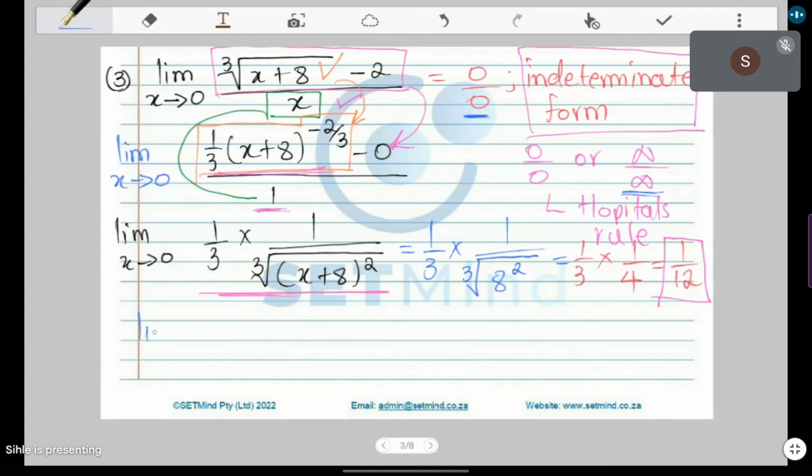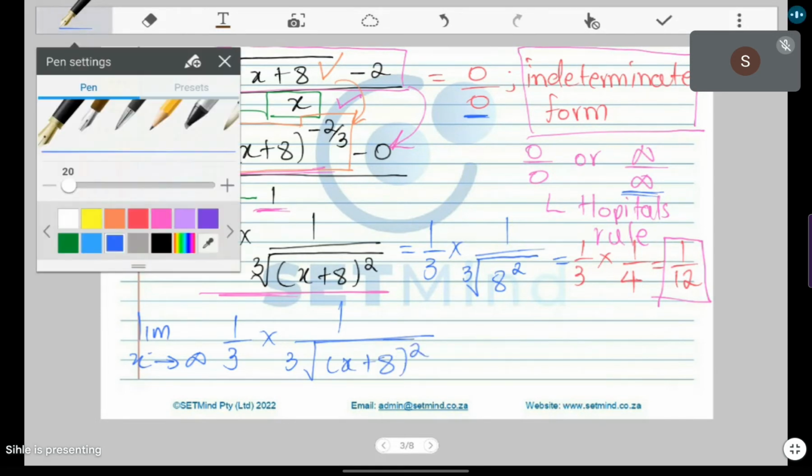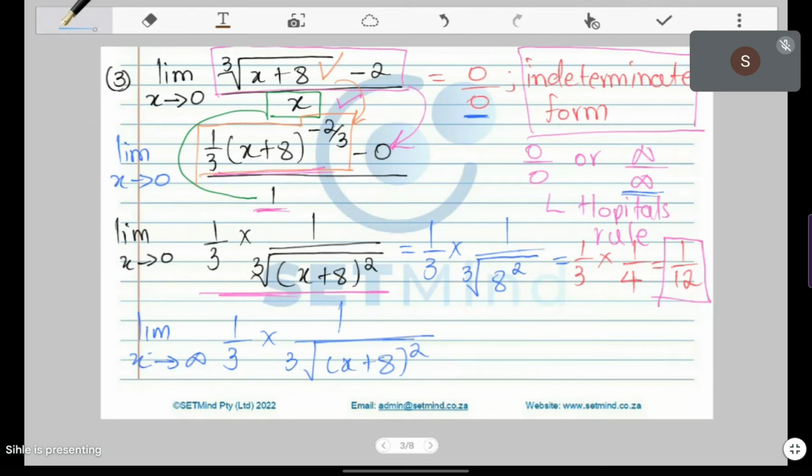Let's say x approaches infinity, and the expression we have here is 1/3 times 1 over the cube root of x plus 8. Do you see that the bigger we make x to be, the bigger the denominator.